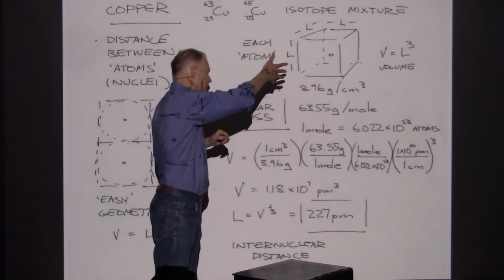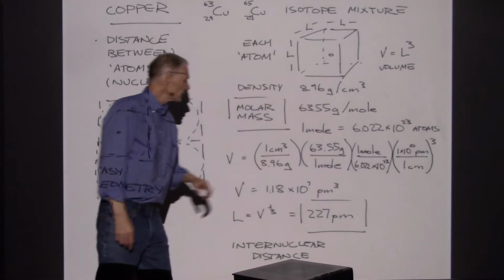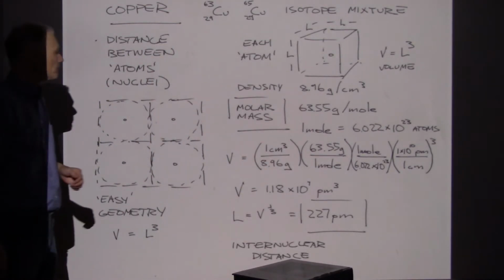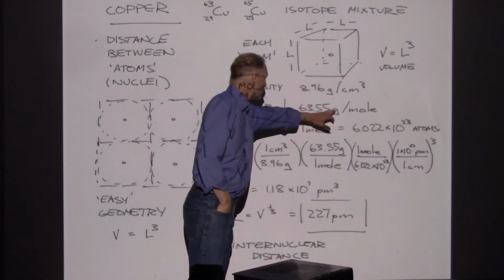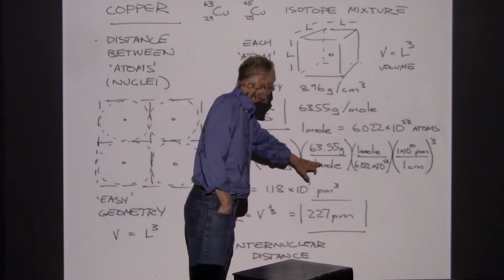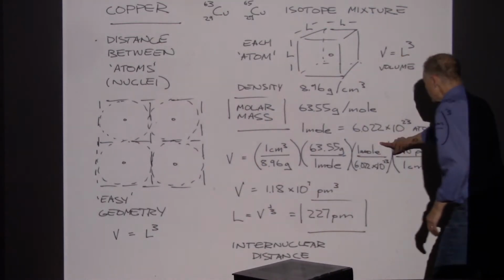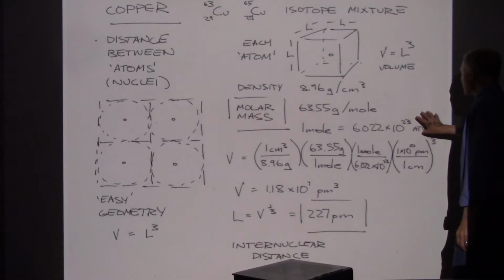I took that number, flipped it over, and said 1 cubic centimeter is the equivalent of 8.96 grams for a sample of copper. And then I wanted to cancel out the grams, so I put the 63.55 grams divided by moles. And then I wanted to get rid of the moles, so I said 1 mole is the same thing as 6.022 times 10 to the 23 atoms.